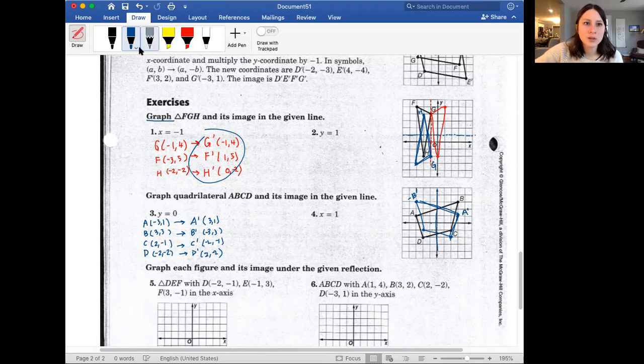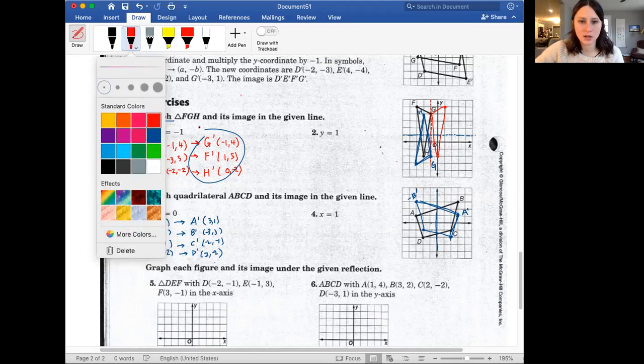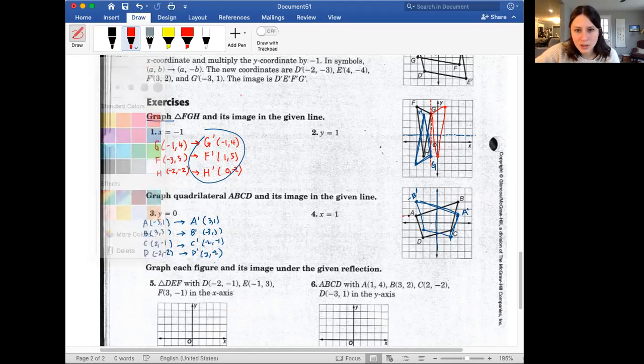Okay, I'm going to do the other one in red so that we can see it better because it does get messy. So x equals 1, meaning my line of reflection is right here. When I reflect all the points, I'm reflecting them across this line. A is on it, so that's just going to stay there. D is going to go the opposite direction. B is 2 away from the line of reflection, the opposite way.